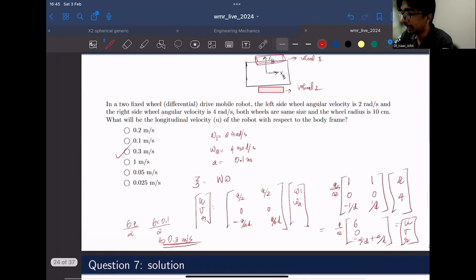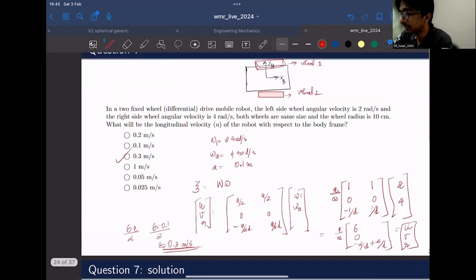Or you can also take the average of both of these in order for you to get the wheel velocity, because if you consider this to be the midpoint of the chassis, the left hand side will have a velocity that will be how much? That will be r omega, right? That will be 2 times 0.1.